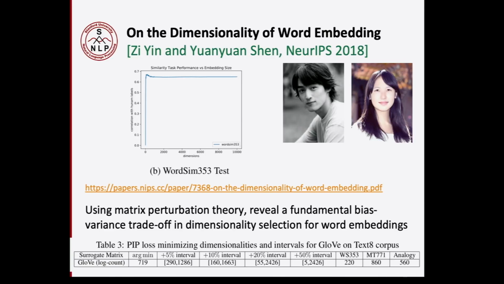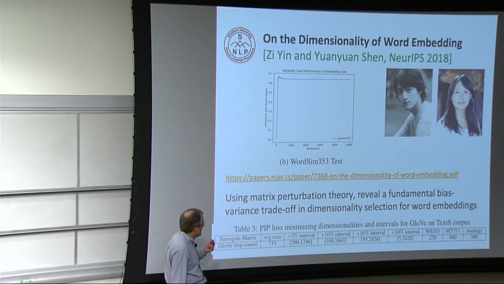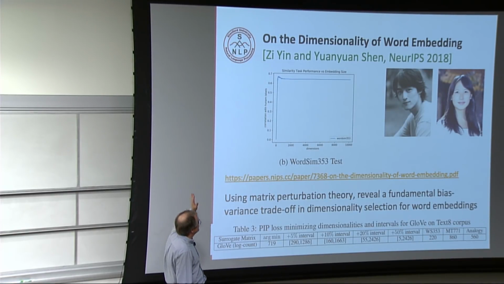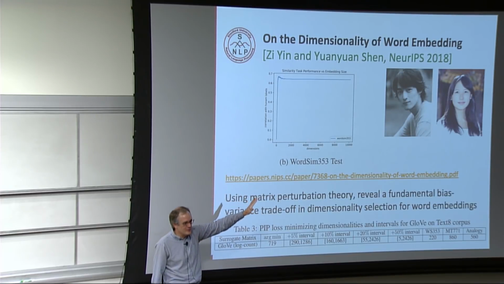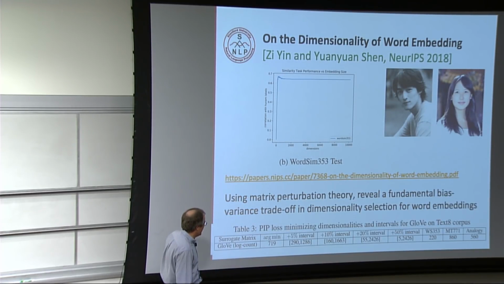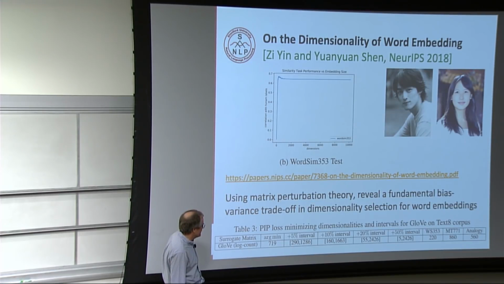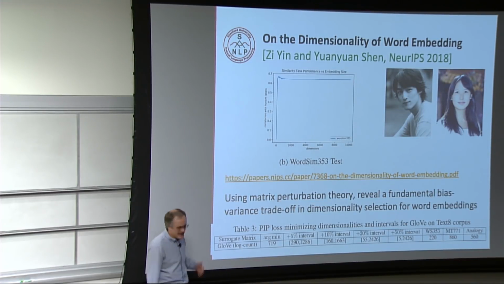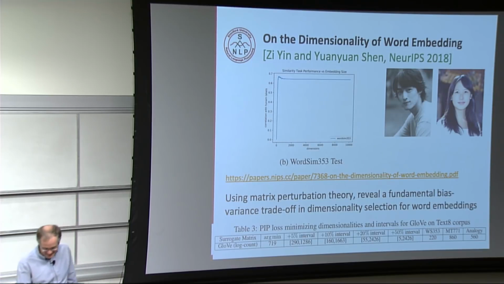And the interesting result that they show is that things don't fall apart and that you can go out to these huge dimensionalities and the performance stays flat, and they've got a lot of theory for predicting why that's going to be the case.